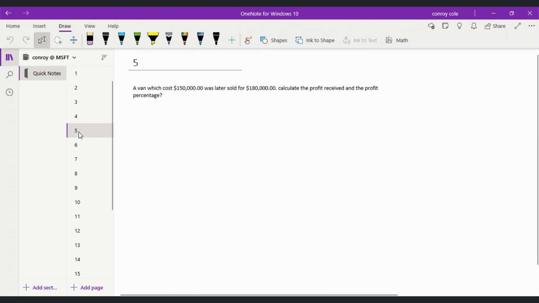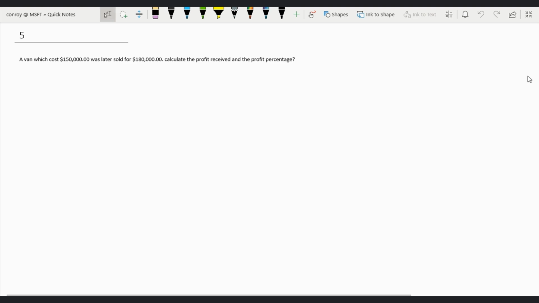All right, moving on to the next question now. It says a van which cost 150,000 was later sold for 180,000. We have to calculate the profit received and the profit percentage.